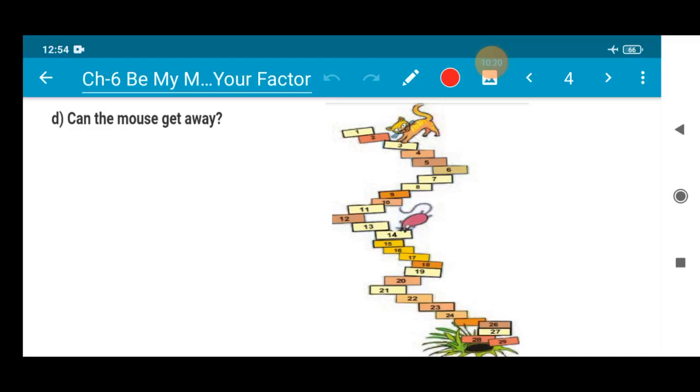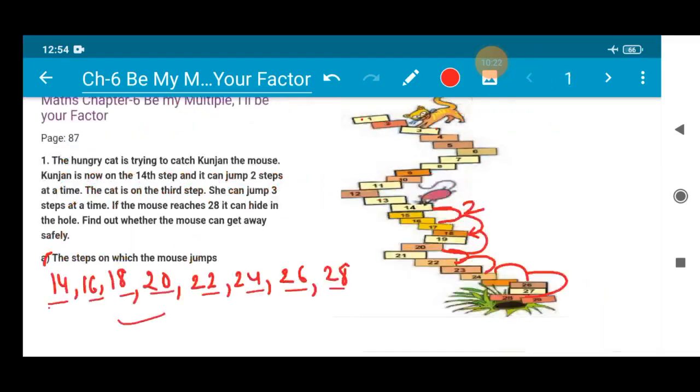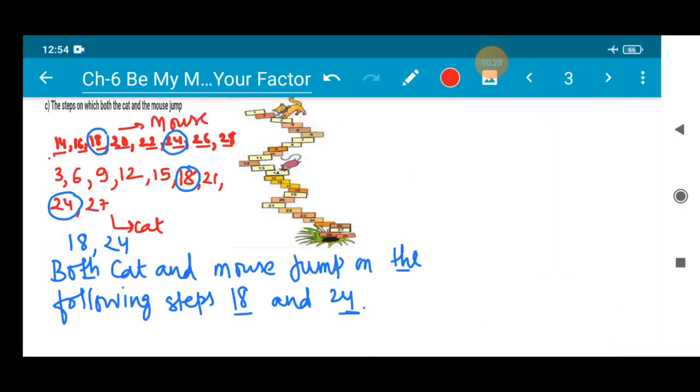You saw in the first slide, in the first part, that in steps 14, 16, up to 28 the mouse traveled, and the other steps were traveled by the cat. They are not meeting at any step.